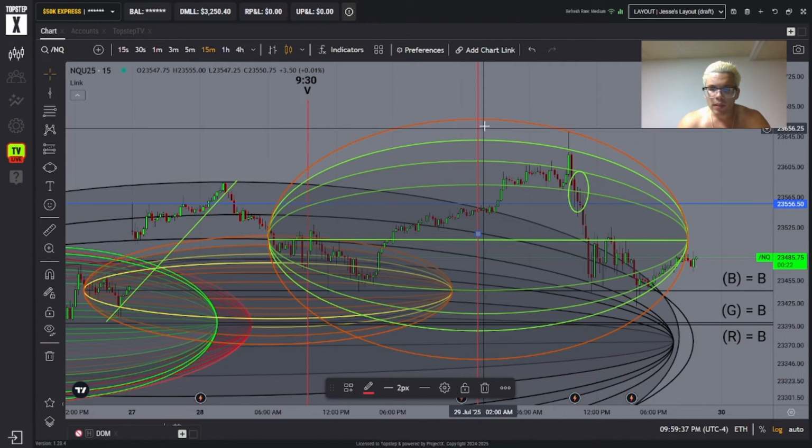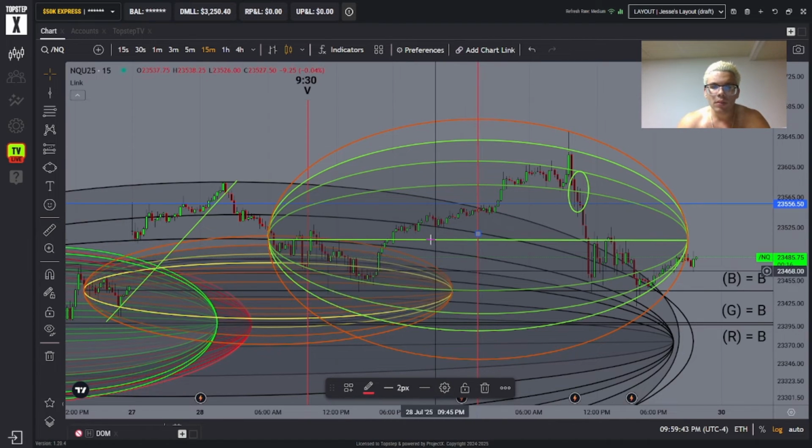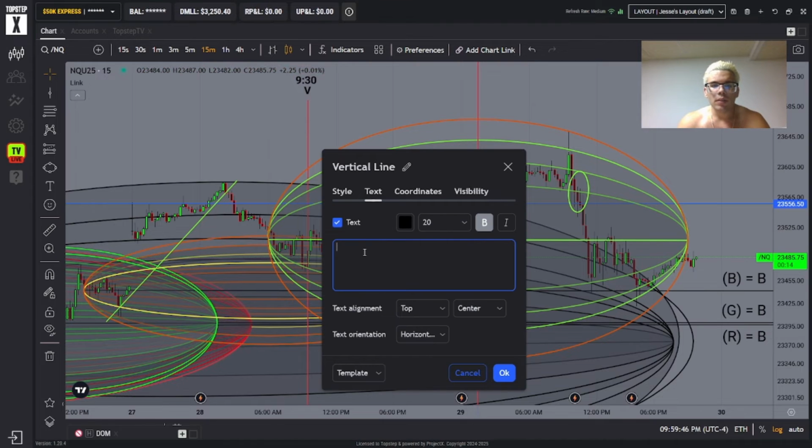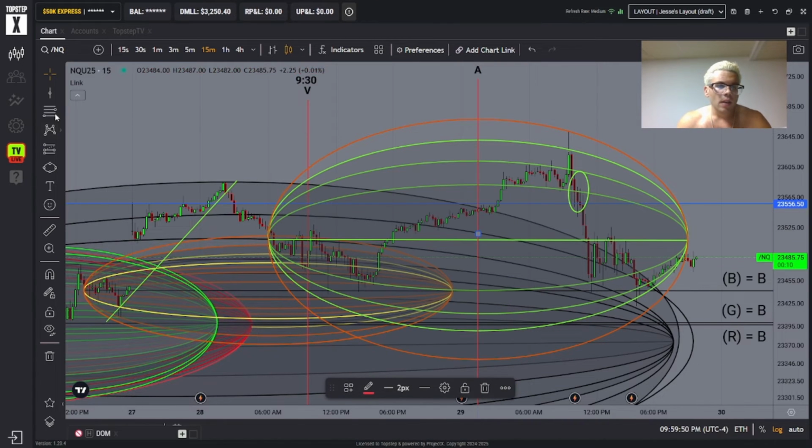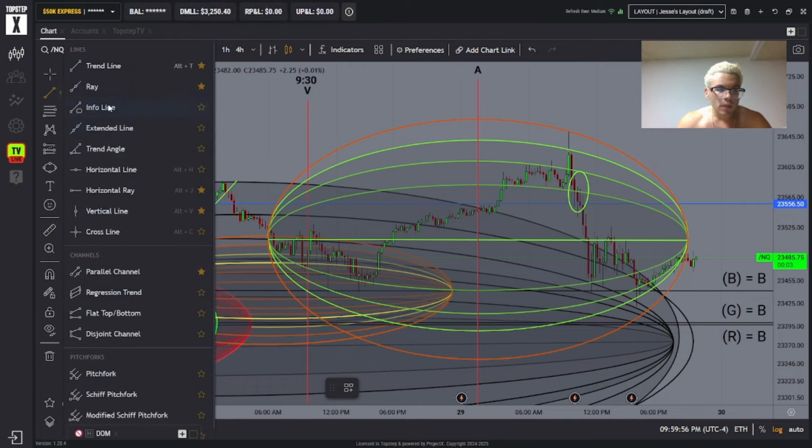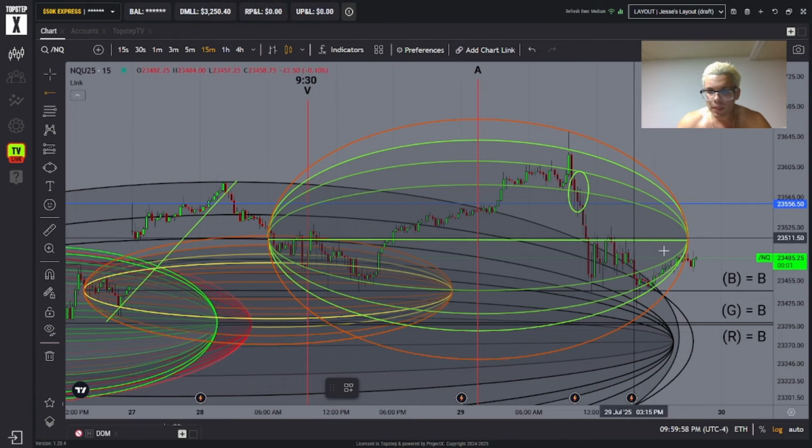That midpoint is midpoint axis A. We're going to label this. Go into the settings, text, and label that A. The edge of the dome, or the midpoint of the physical dome itself, is axis B.